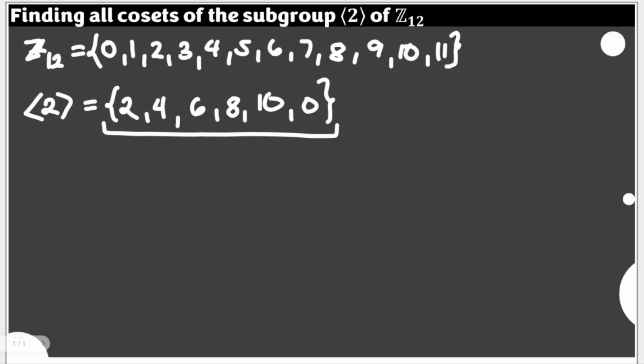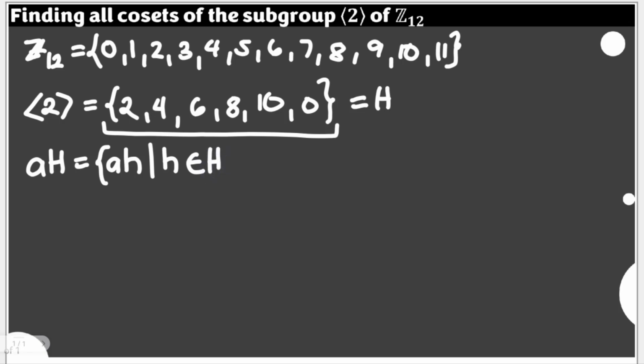If this is our H, the subgroup of Z12, all the left cosets will be represented by a plus H, which is a operating with all the elements of subgroup H. We're going to come up with all the elements that result, for all a in Z12, using the same operation, addition modulo 12.